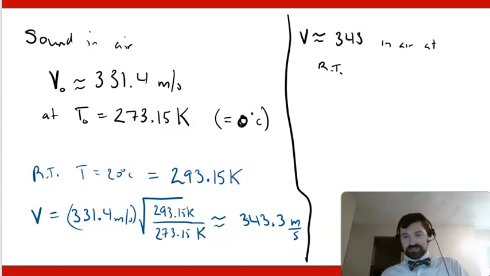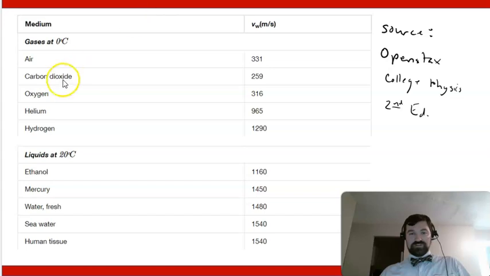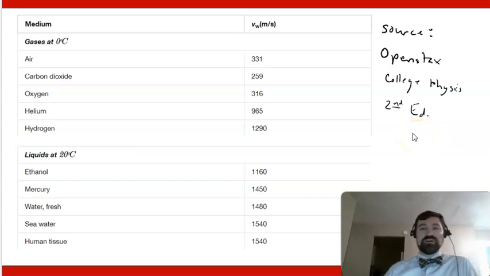What happens if you choose a different medium? Well, then the speed of sound will tend to be different. For example, we could look up some other medium, let's say at 0 degrees C. And what I have here is a little table of values that I pulled from the OpenStax College Physics book, the open resource book.